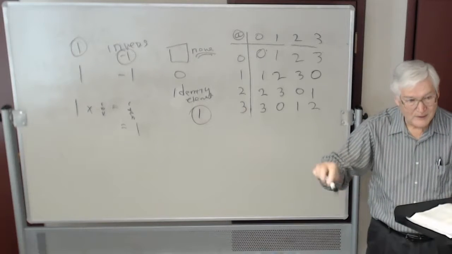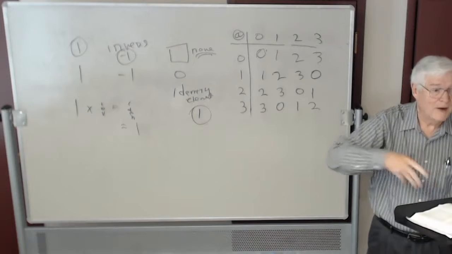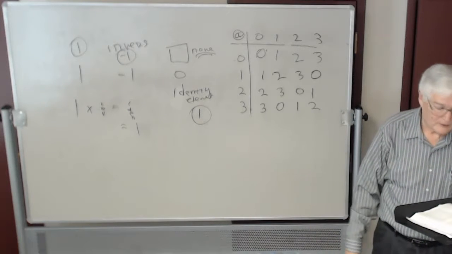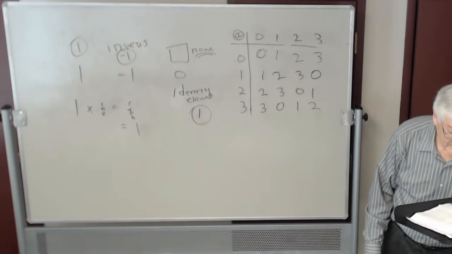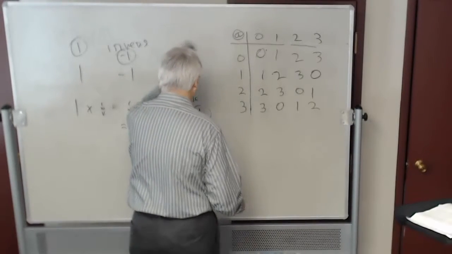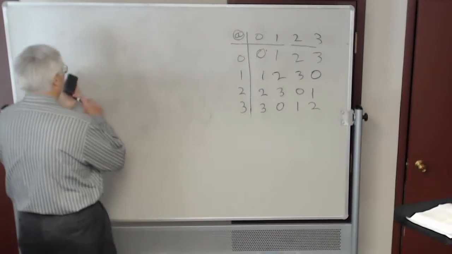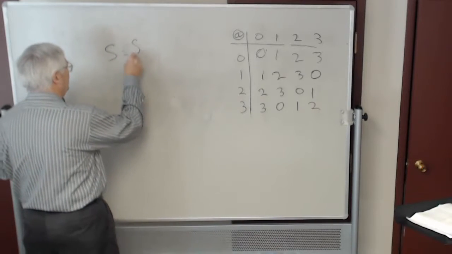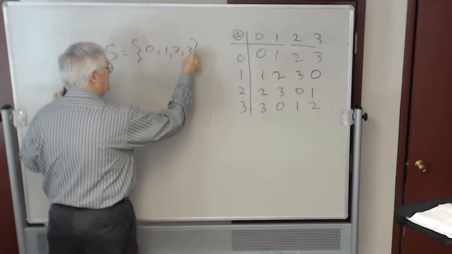Because when I'm writing this on my paper, when I'm writing it on the board, my head's wrapping itself around this set that I'm working with. So number 26. Is S closed under this operation? S is the set whose elements are 0, 1, 2, 3.